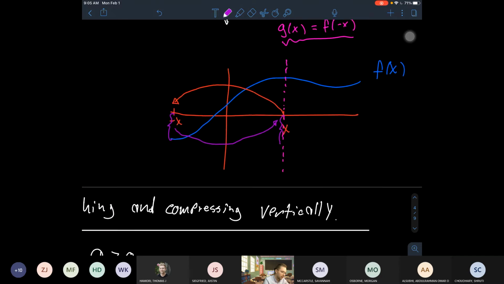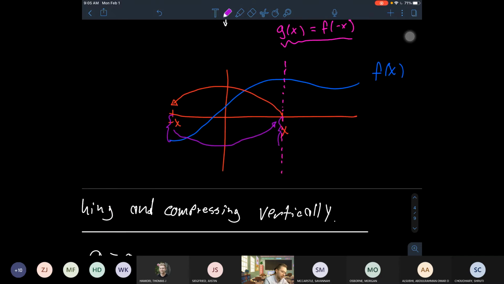Okay, so that's how we do this process. We just copy over the height. The height of the function g is just going to be the height of the function f at the point which is as far away from the origin as we are, but on the other side of the y-axis.